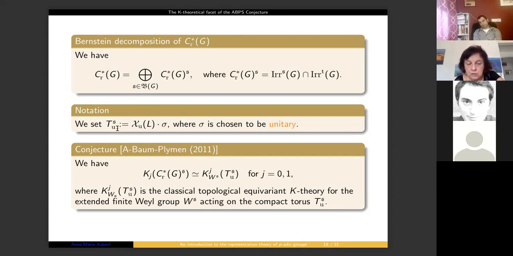This one is contained in T_S, and T_S can be viewed as a torus, and T_{S,u} is the compact torus in T_S. So in some sense, it can be viewed as a close to Baum-Connes conjecture, but block by block.